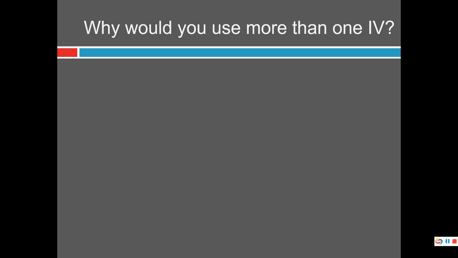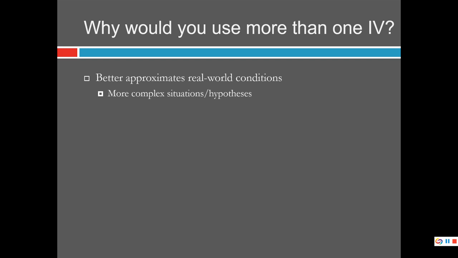But that level of control, as we've talked about, is kind of artificial in some ways. But you can maintain that level of control and introduce more explanatory power by introducing more independent variables. So one reason you might use more than one independent variable is just because life tends not to be as simple as one thing causing another.